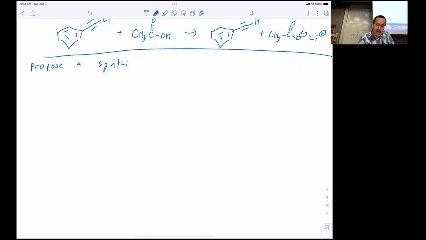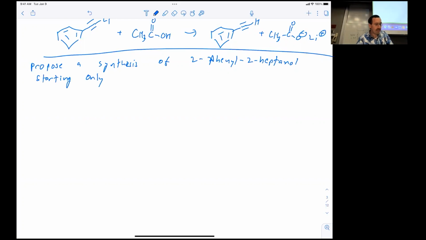So let's say I asked you to propose a synthesis of 2-phenyl-2-heptanol, starting only with compounds containing 6 carbon atoms or fewer.